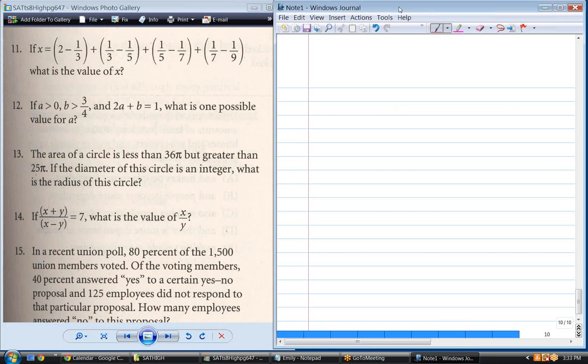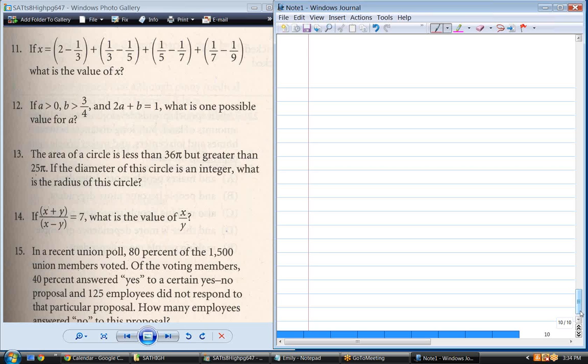Oh, this is a good question here. Notice what this looks like. Oh, no. What does this look like? Looks like a series. What kind of series? One of those partial fraction series. Yeah, that cancels each other out. So what's the answer, just looking at it?